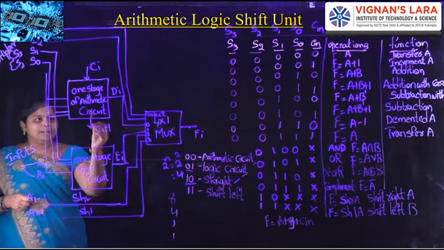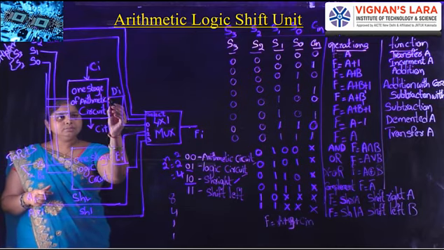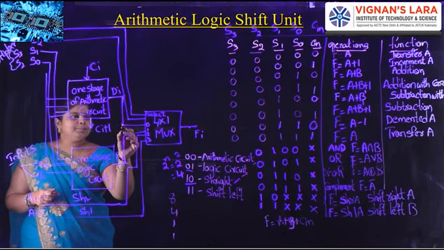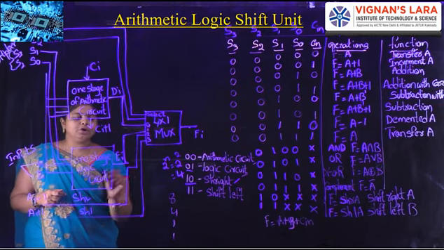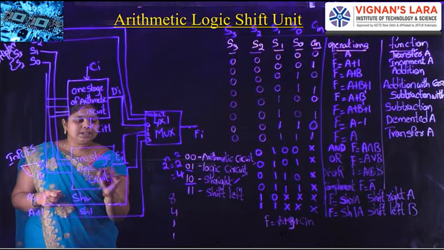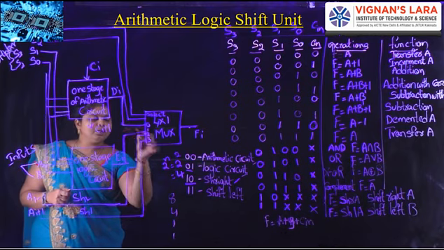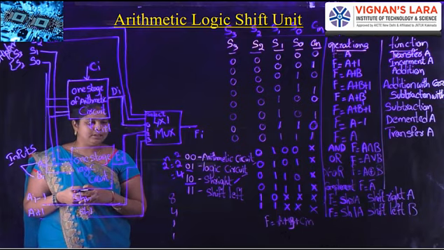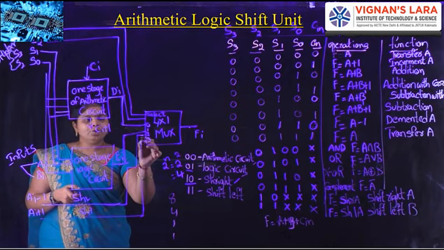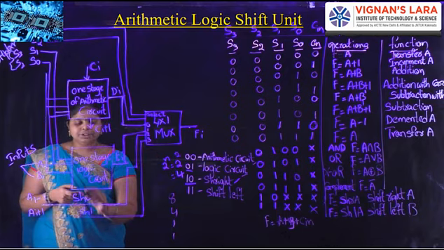Here the arithmetic circuit gives the output as input to multiplexer input 0. Also the Ei output of the logical circuit is the input to input 1 of the multiplexer. Here input 2 gets the data from shift right and input 3 gets the data from shift left.